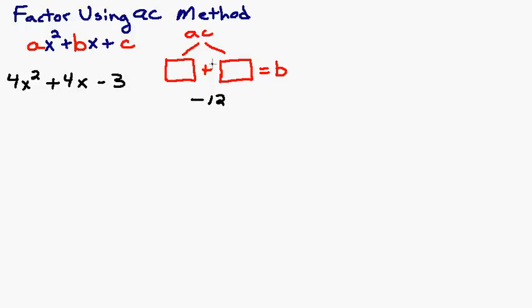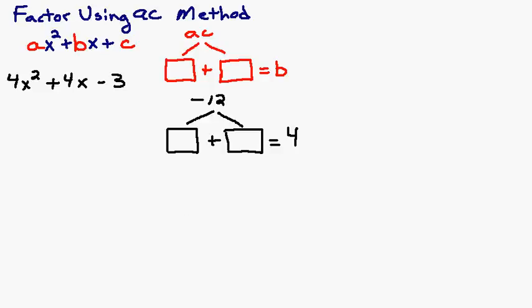So we're going to set up this little chart right here, and we're going to have to fill in these boxes with something that multiplies to be negative 12, but adds to equal B, which in our case is 4. So that's the first thing we have to do. What multiplies to be negative 12 and adds to be 4?